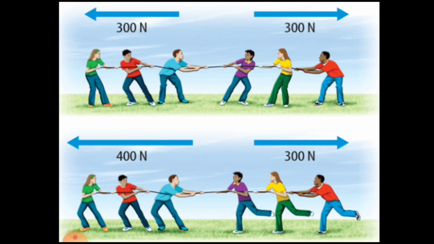The rope will be moving where the force is greater. Which force is greater? Yes, towards the left side it is 400 Newton, which is greater than 300 Newton. So the rope will be pulled towards the left side, that is towards the 400 Newton force.